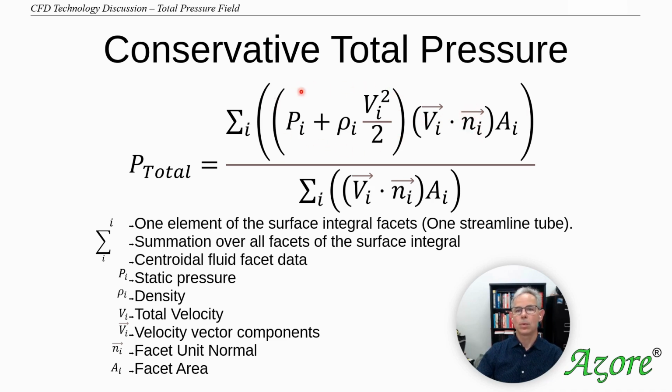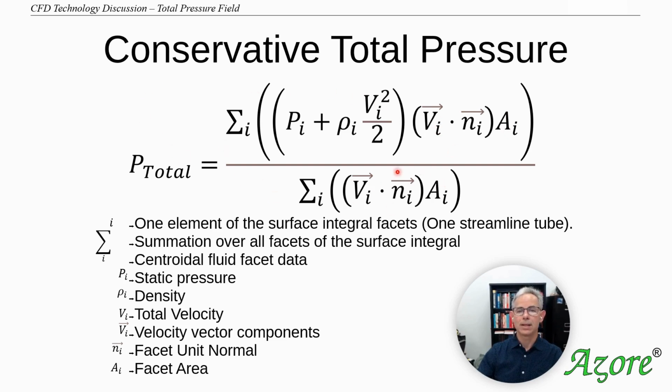And that's the weighting value we use for the total pressure at that particular location. So we're essentially creating a series of stream tubes at the resolution of your mesh at that surface, the stream tubes that pierce that surface. And they're weighted by the cross-sectional area of that stream tube and the flow volume passing through that stream tube.